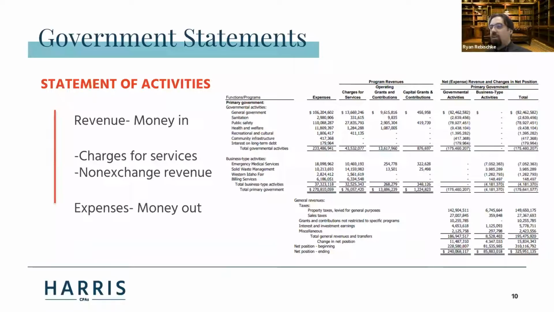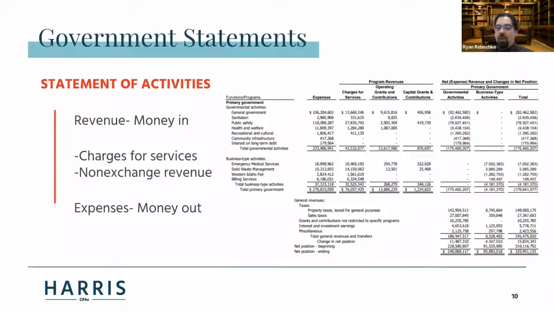Then there's something called a non-exchange revenue. This would be like property taxes. So this is something where I pay property taxes to the state, and then I get a benefit out of it in the various services that I consume. But you can't really trace my $2,000 or whatever dollars in property taxes to the police taking care of me, the roads that are maintained.